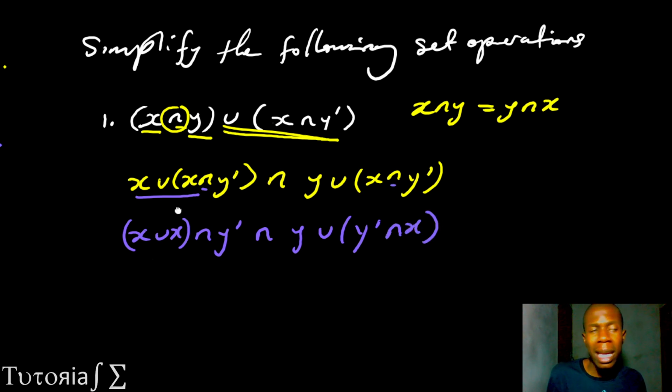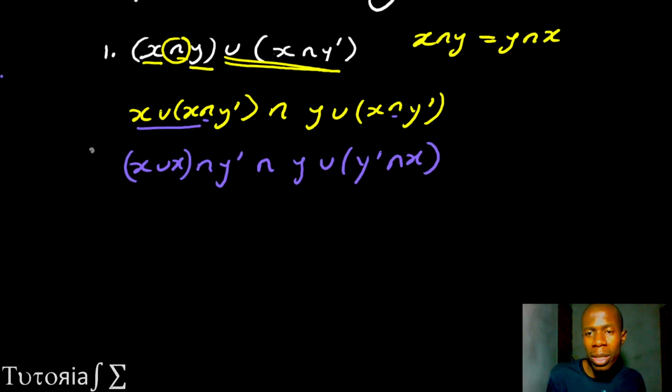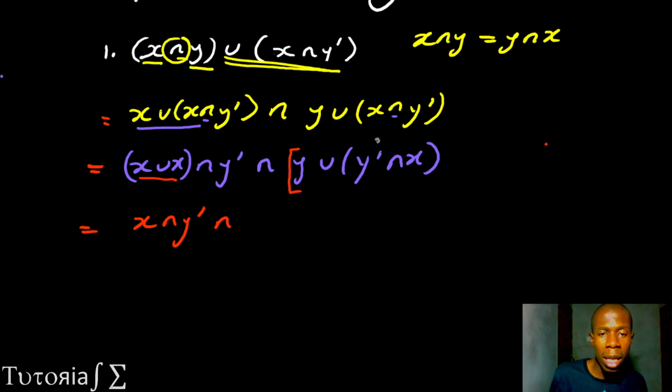Then again we're going to do the same thing. So x union x, x plus itself, what do they have in common? It's just x. So x union x is just x, then intersection y prime, or y complement, then these two can be grouped like this, which is y union y prime intersection x.